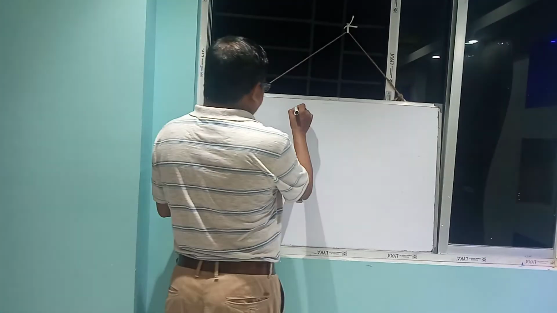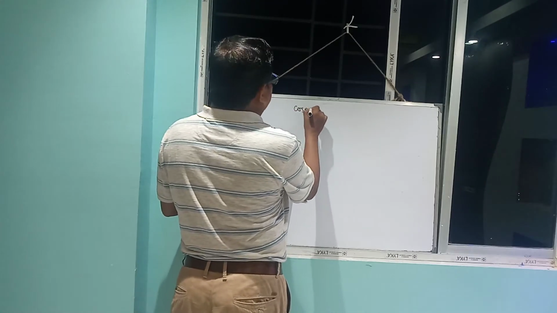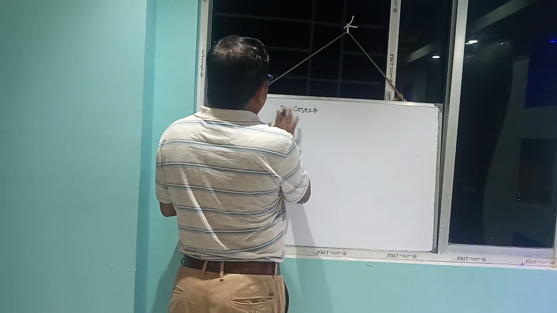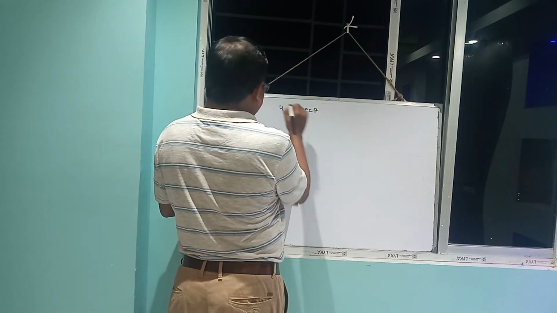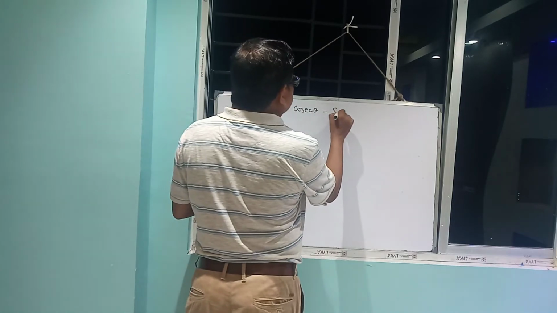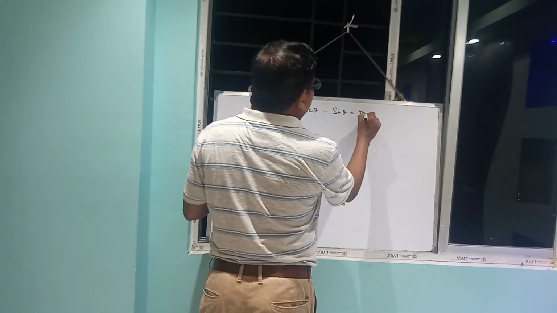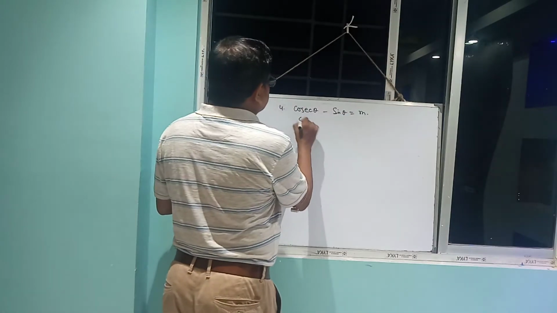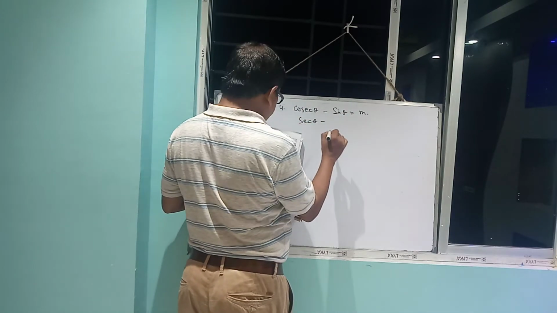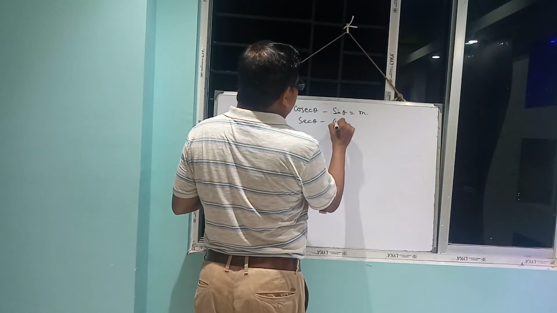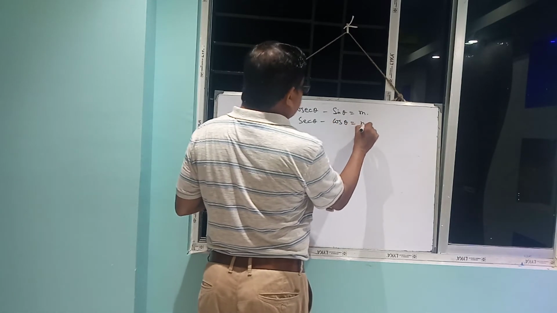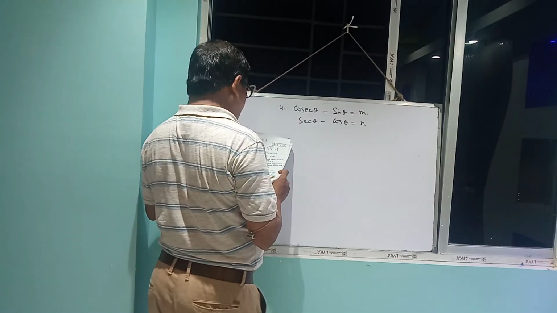Next question: cosec theta minus sin theta equal to m, and sec theta minus cos theta equal to n.